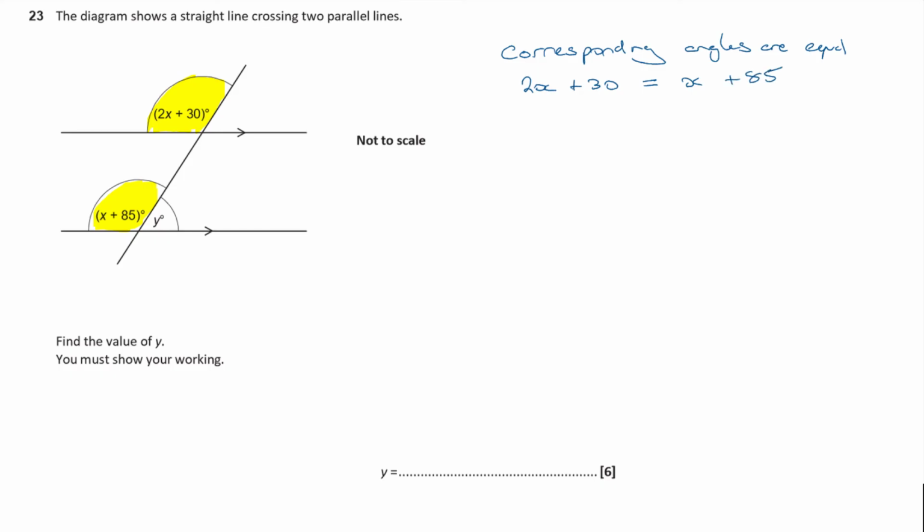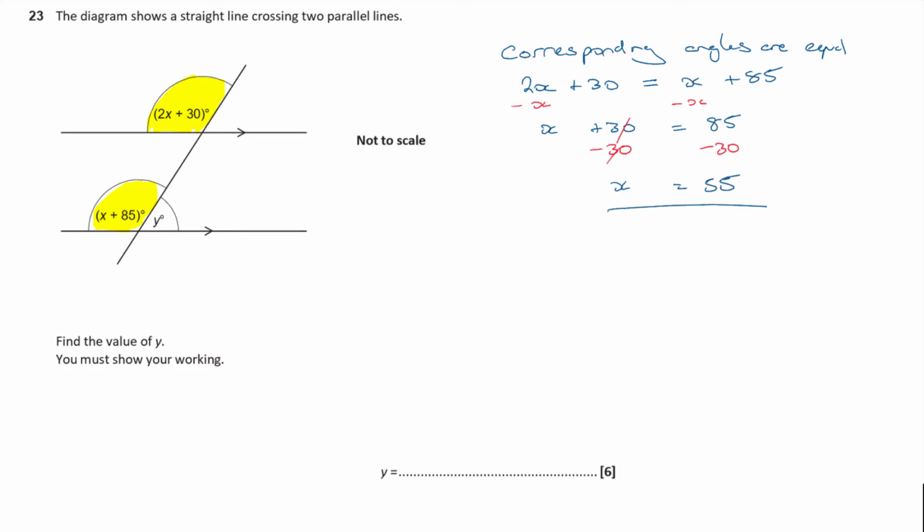Okay, so you can see I've got a linear equation now in x, which I can go on to solve. Taking x away from both sides to start with, that's going to give me x plus 30 is equal to 85. And then subtract 30 from both sides. That's going to leave me with x is equal to 55 then, isn't it?